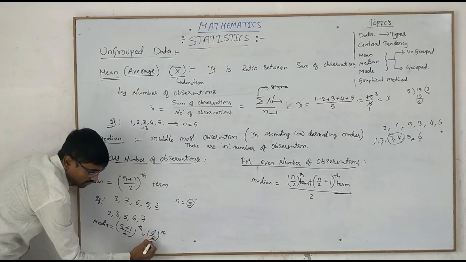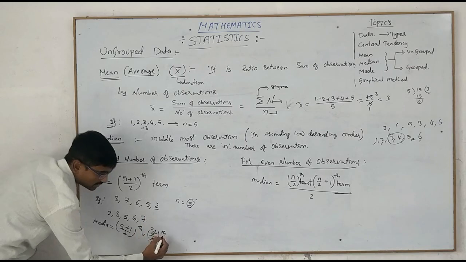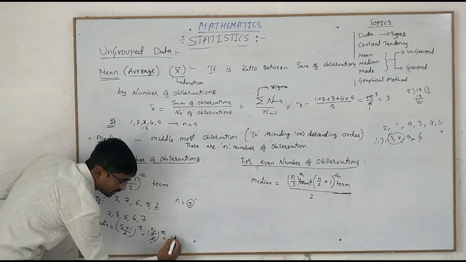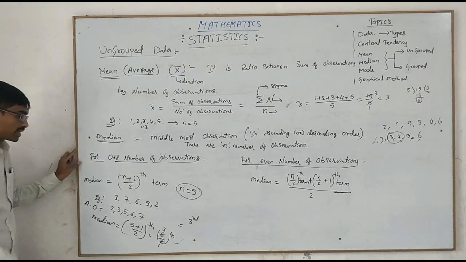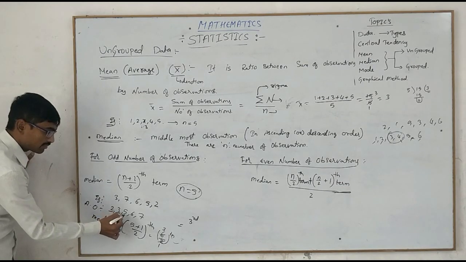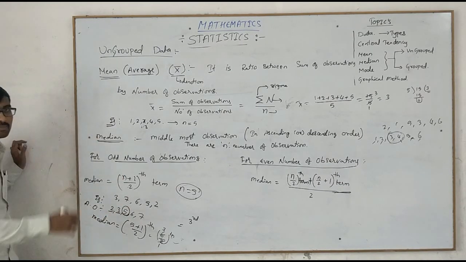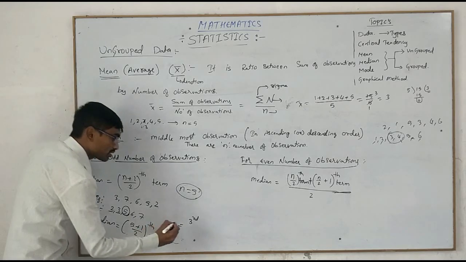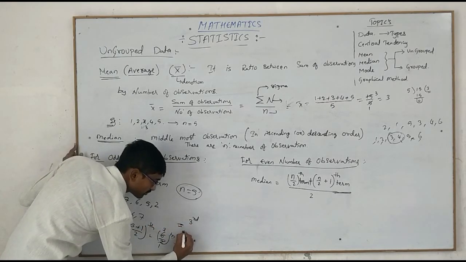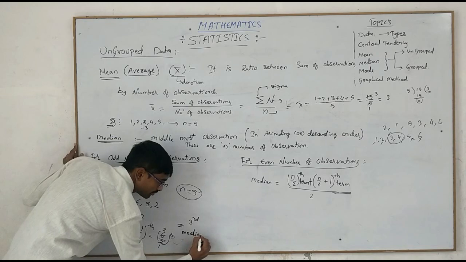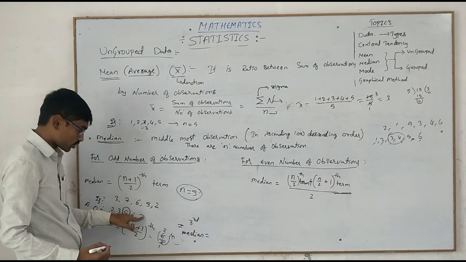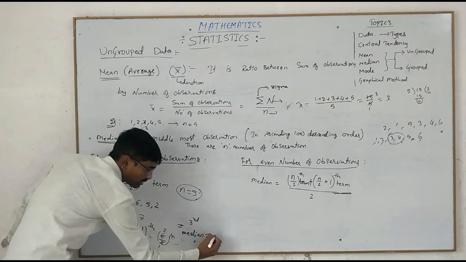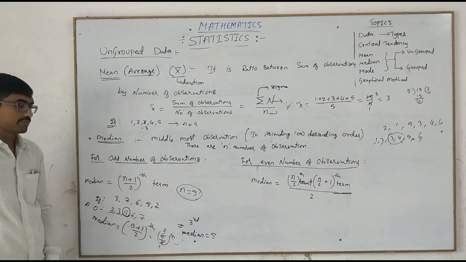If I cancel this, 2 1s are 2 and 2 3s are 6, so I get the third term as the median. What is the first term, second term, third term? The third term is 5. Therefore, the median is the third term. This is first, second, third, fourth, fifth. So what is the third term? 5. Therefore, the median of the given data is 5.